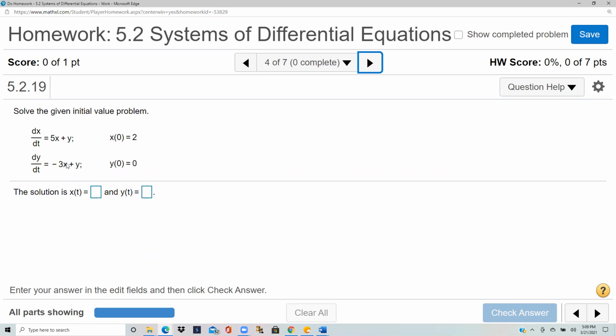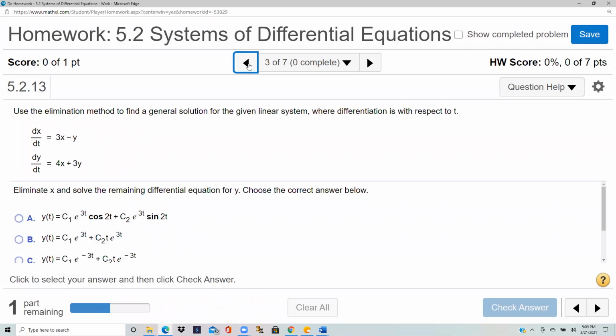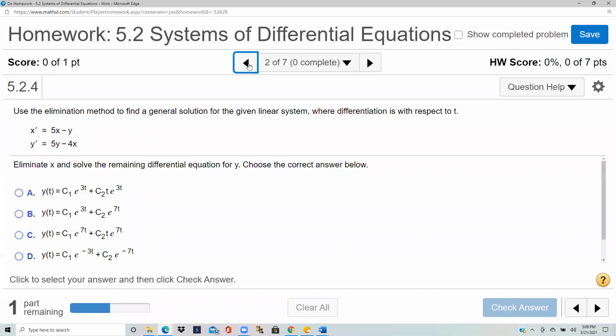And we can do it here because in this case, they are not asking us to do things in a certain order. In the previous problem, they were asking us to do things in a certain order because they wanted us to eliminate x and solve for y first, and then later on get x.